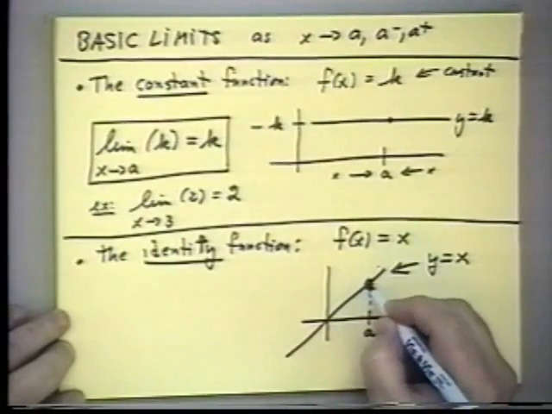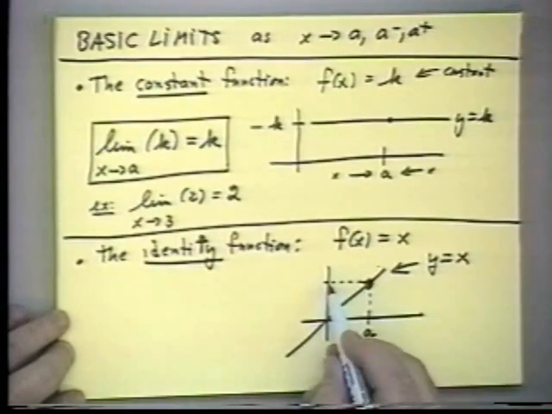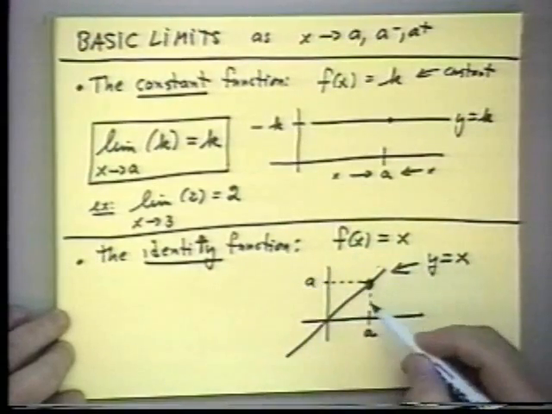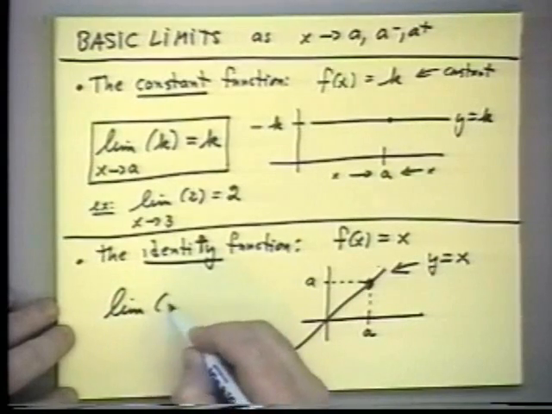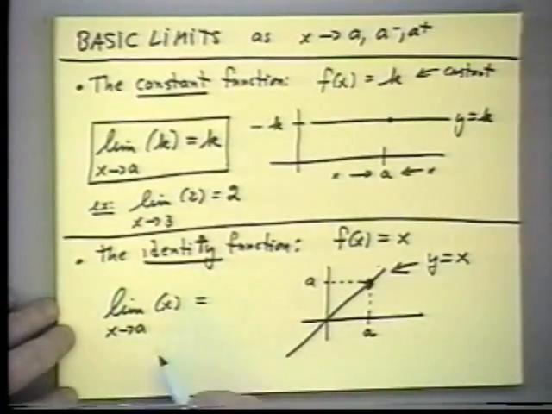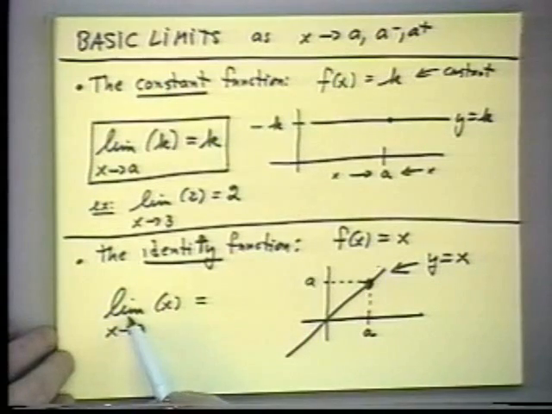then it would seem to be approaching a height of this point. And if we come over here, what is that height? Well, the y and the x values are the same, so this height is the height a. That is the reason why we write down in symbols the limit as x approaches a of x equals, well, if you just listen to what I said and what you say as you're working this problem, what is the limit of x as x approaches a?